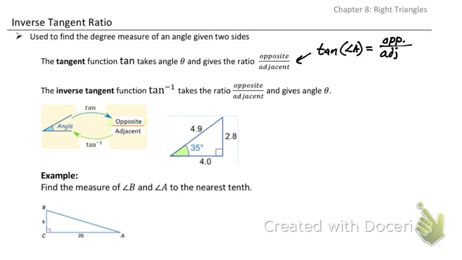So that's why it says the inverse tangent function, tan inverse, takes the ratio opposite over adjacent and pops out an angle. So that's going to look something like this. From the example above, we would have tan inverse of the 2 sides, so opposite over adjacent. And when you plug that in, you're going to come out with an angle.